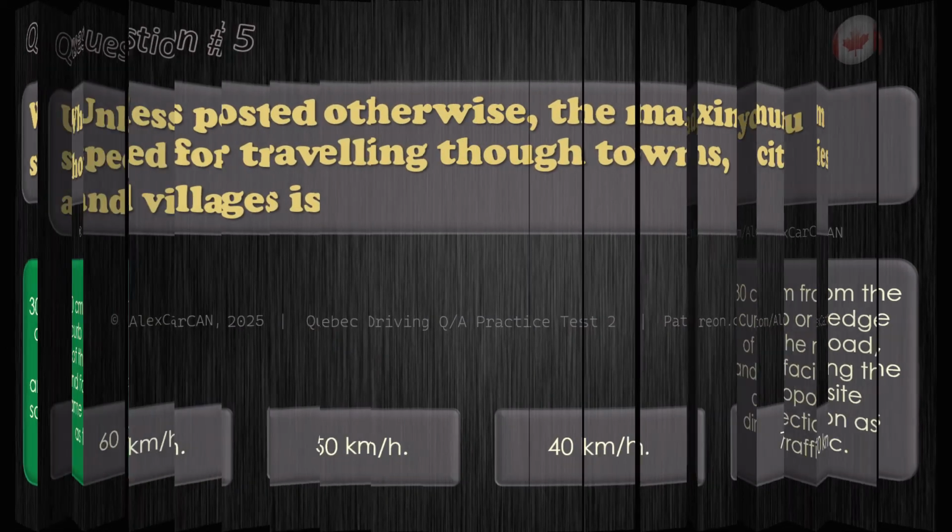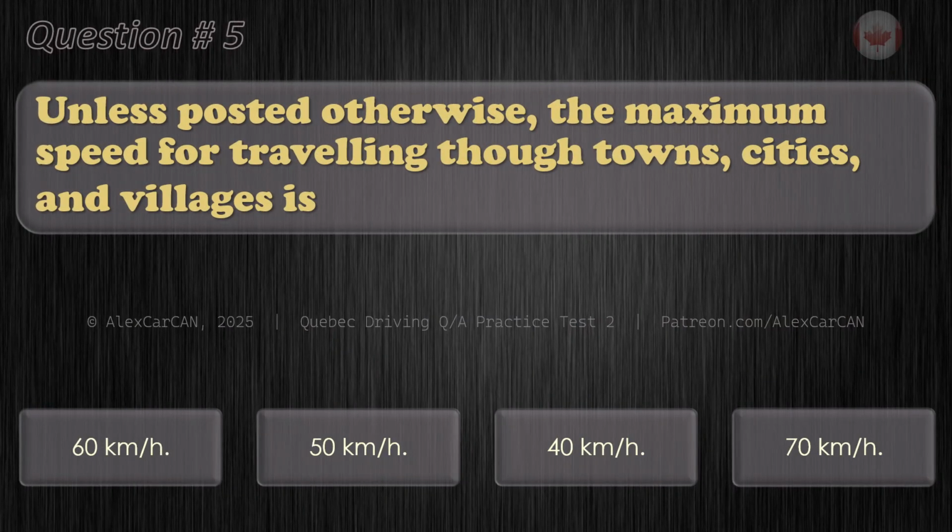Question number 5. Unless posted otherwise, the maximum speed for traveling through towns, cities, and villages is 60 km per hour, 50 km per hour, 40 km per hour, 70 km per hour. The correct answer is 50 km per hour.